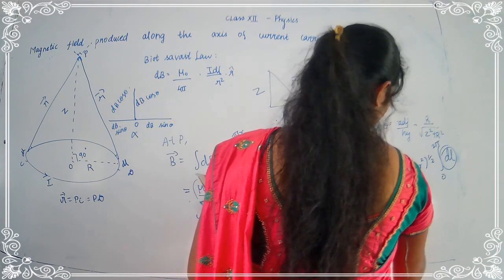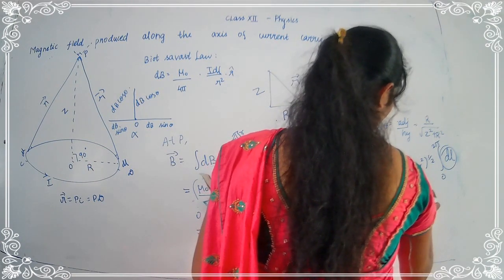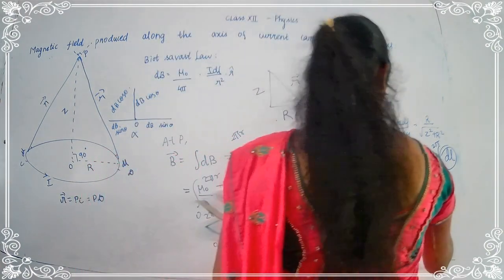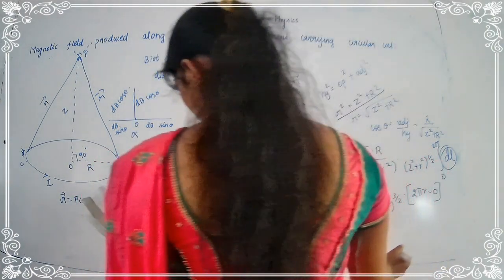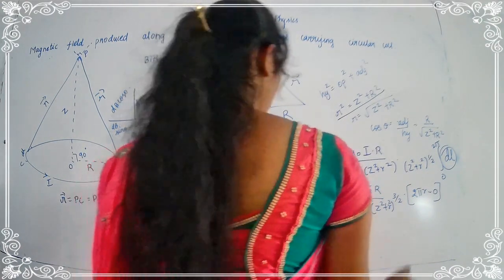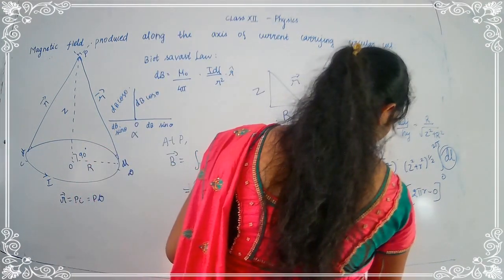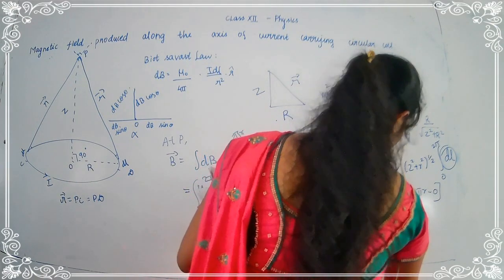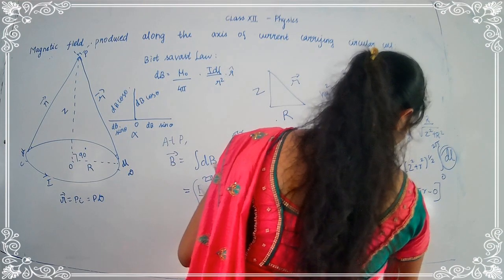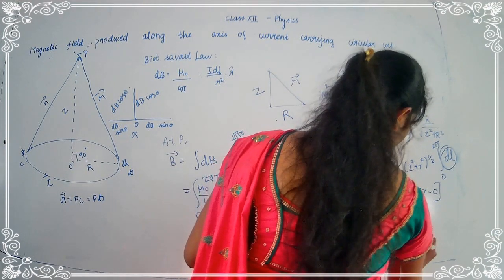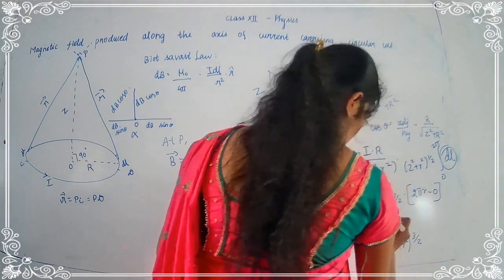Now let us apply the limits here. 2 pi r minus 0, okay. Now what happens? Let us write it again: mu naught I r into 2 pi r divided by 4 pi z square plus r square whole power 3 by 2. The 2 gets cancelled. So here 2.